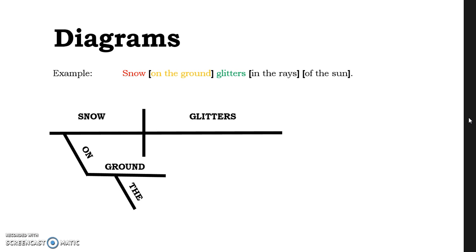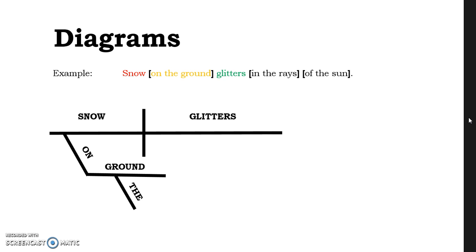What about this other phrase, in the rays? Well, we see that by its proximity and by the way the sentence reads, in the rays is modifying glitters, the verb of the sentence, and it's also answering one of our adverb questions, under what circumstances? Under what circumstances does the snow on the ground glitter?